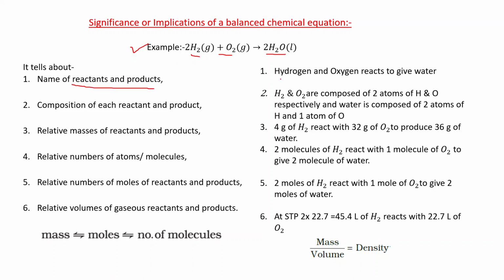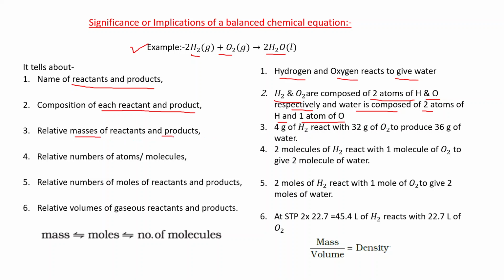From this example, we can say hydrogen and oxygen react to give water. The composition of each reactant and product can also be found out. You can see H2 and O2 are composed of 2 atoms of hydrogen and oxygen respectively, and water is composed of 2 atoms of hydrogen and 1 atom of oxygen.